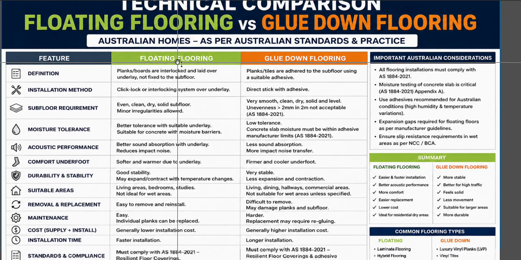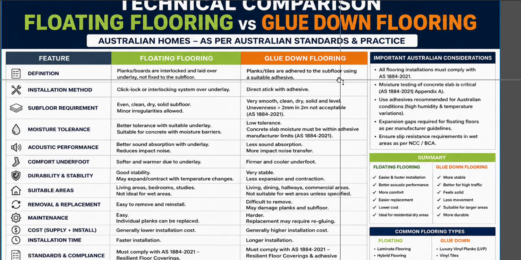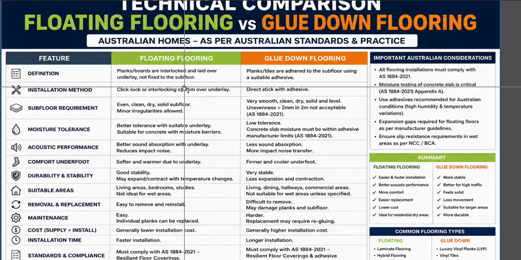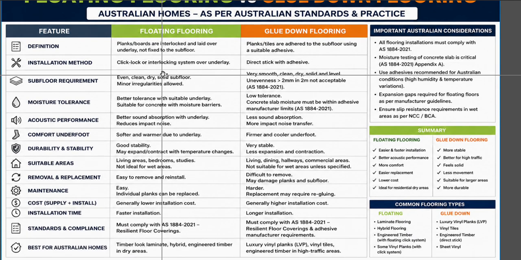In floating, planks or boards are interlocked and laid over underlay, not fixed to the subfloor. This is called floating installation. In glue down, planks and tiles have been glued to the subfloor with suitable adhesives. Okay, it is a click lock.